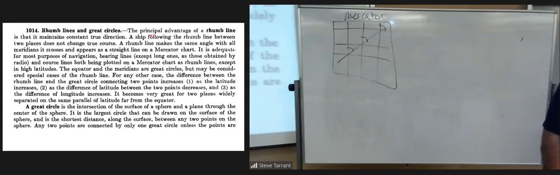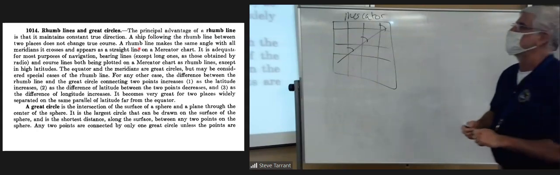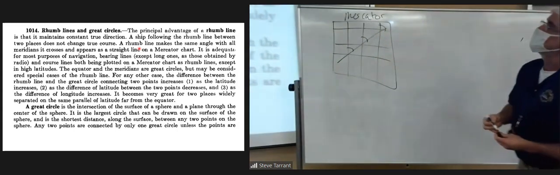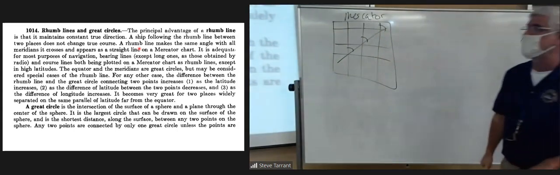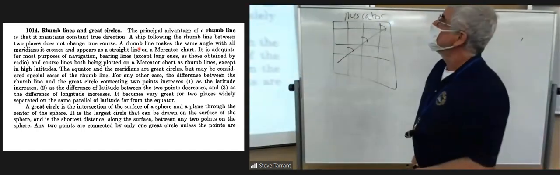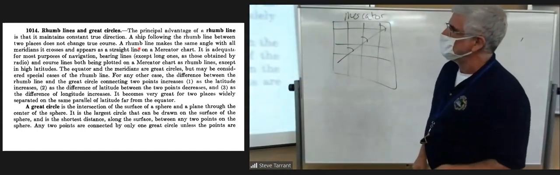A ship following a rhumb line between two places does not change true course. A rhumb line makes the same angle with all meridians as it crosses. It appears as a straight line on a Mercator chart. It is adequate for most purposes of navigation. It's also adequate for bearing lines, except long ones as obtained by radio.